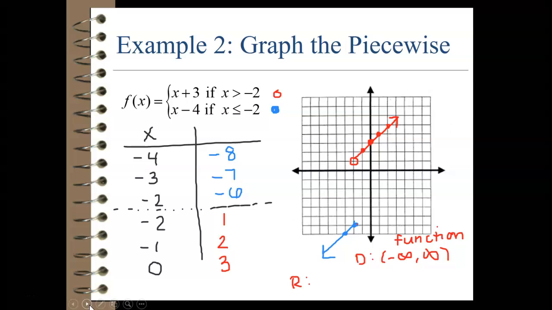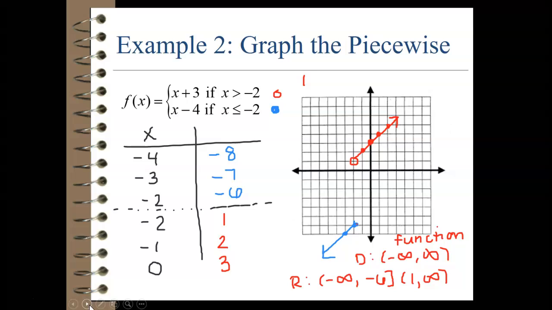So my range goes from -infinity to the point -6, including -6. So if you're using interval notation, it would get a bracket. And then it's 1 to infinity, but doesn't include 1, so it gets a parenthesis.